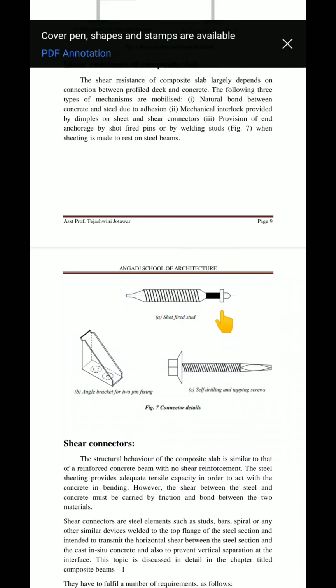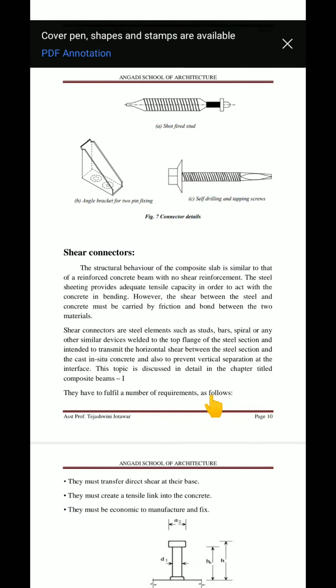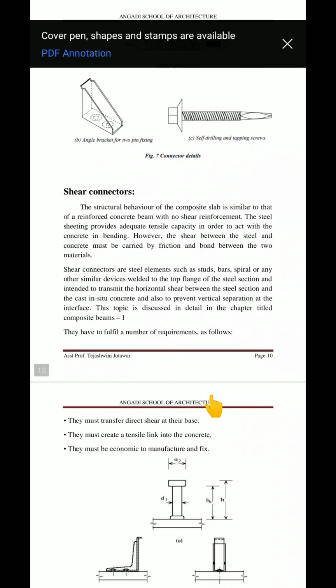There are different types of shear connectors, like a short fired stud, angle bracket for a 2-pin fixing, self drilling, tapping screw, and a typical shear connector. A shear connector should fulfill requirements as follows. One is, they must transfer a direct shear at their base.